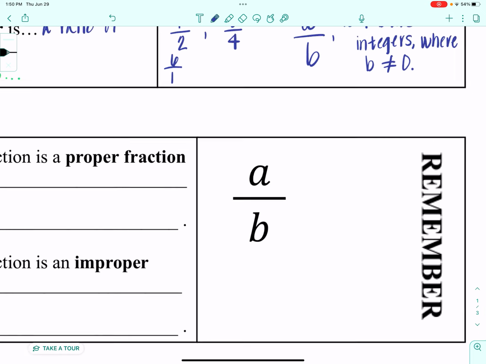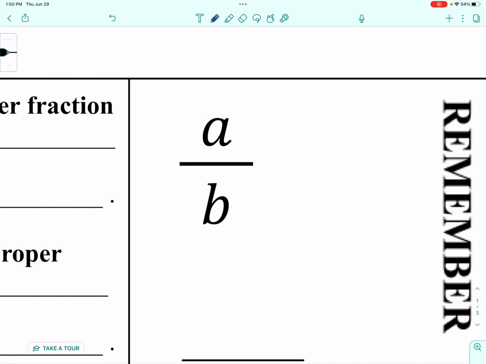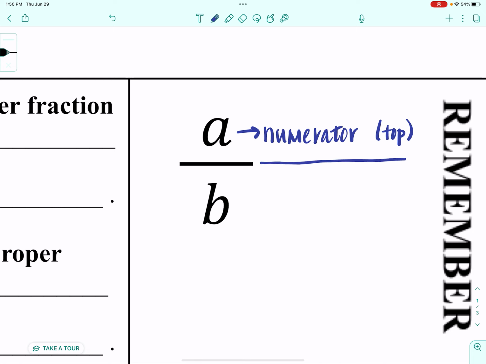When we talk about A over B, remember from a very, very long time ago that A is known as the numerator. That's the top number. B is the denominator.